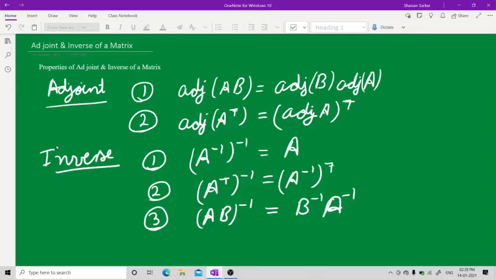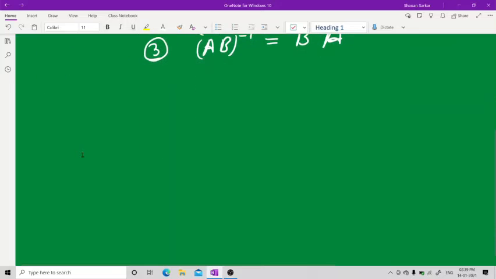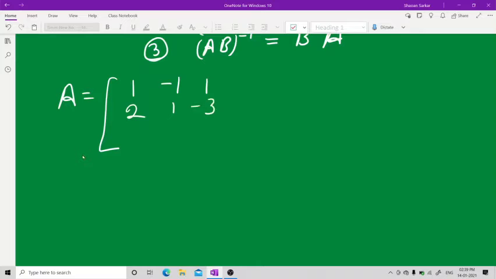Let us take a problem. You have a matrix A given as [1, -1, 1; 2, 1, -3; 1, 1, 1], and you need to find A inverse.